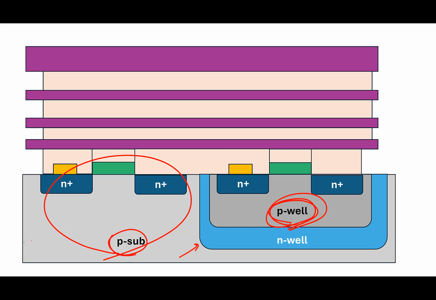So this way, these two things are isolated. So this you can connect to anything you want. This is typically called a triple well process. It might not be available everywhere. And as I already mentioned, all these vertical heights, the thickness of the metals, the distance between the metals, everything is fixed. You don't have control on that.